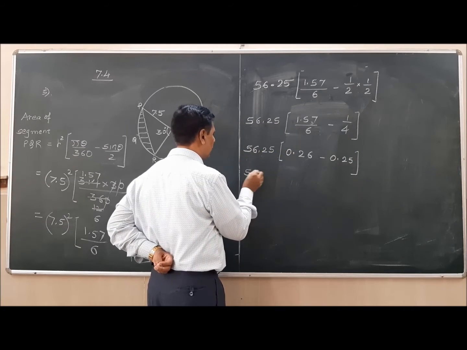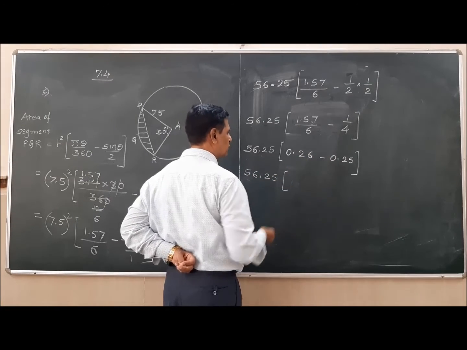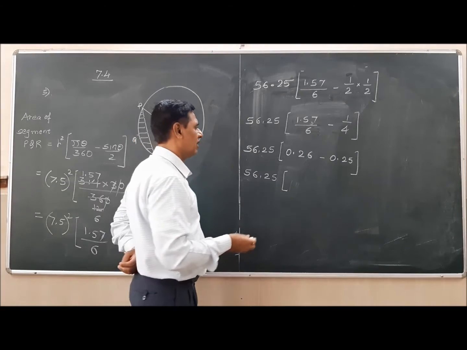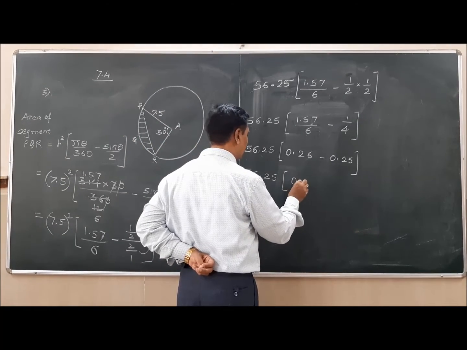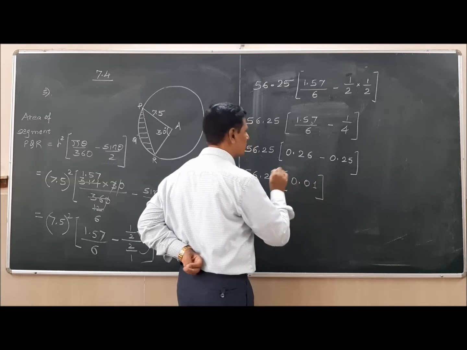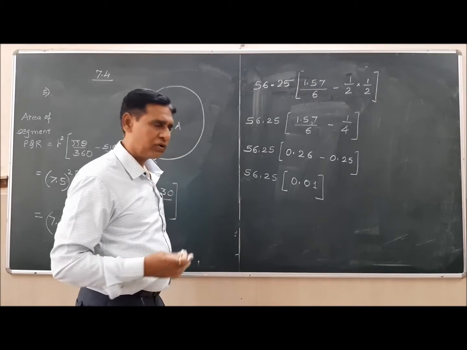Now 56.25. Difference between these two, 0.26 minus 0.25, will give you 0.01. Please try to understand. It's very easy. 0.26 minus 0.25.